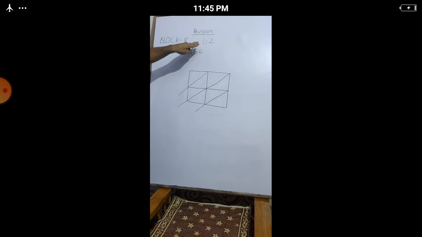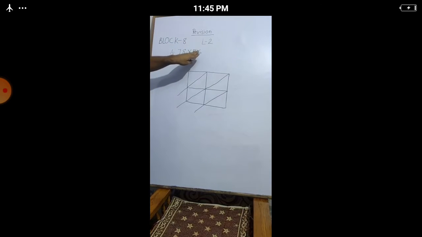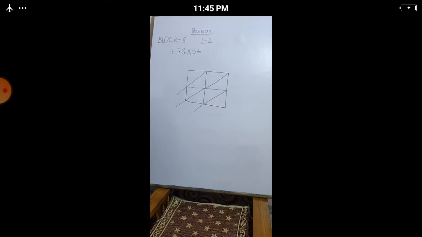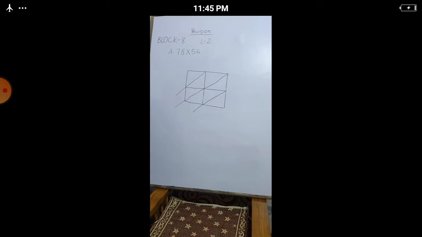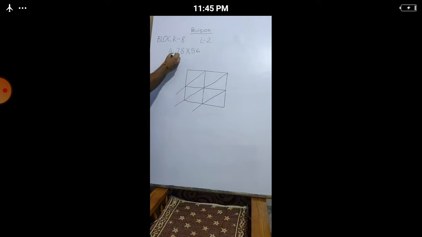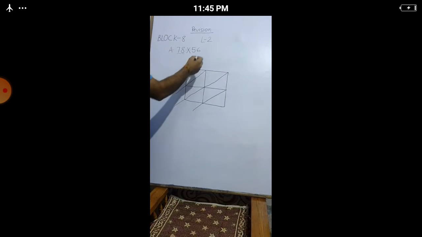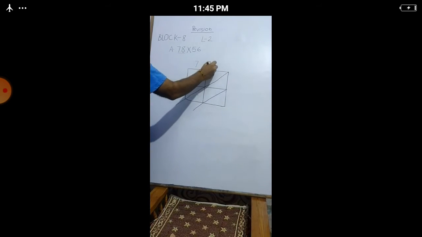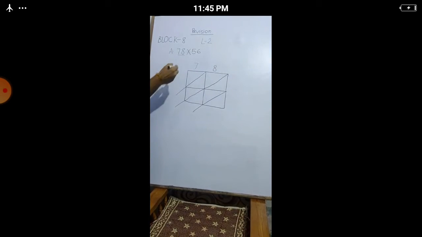Lesson 2. I am going to multiply 78 into 56. So children, here my first question, where do we write the multiplicand and multiplier? This is our multiplicand. We write the multiplicand on the grid, so 7 and 8. Now children, the multiplier.